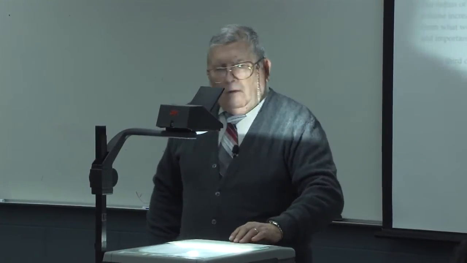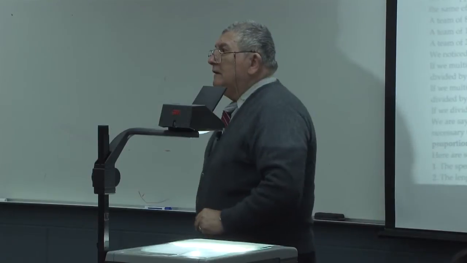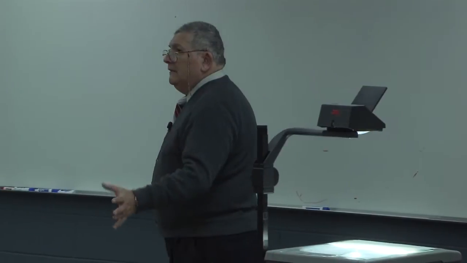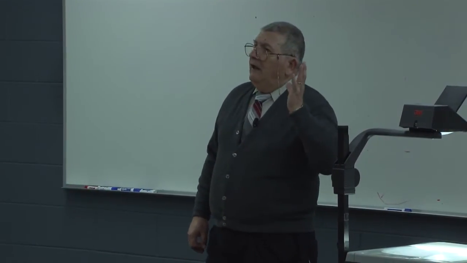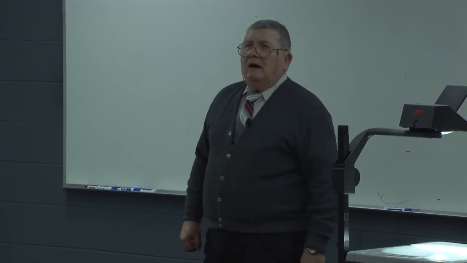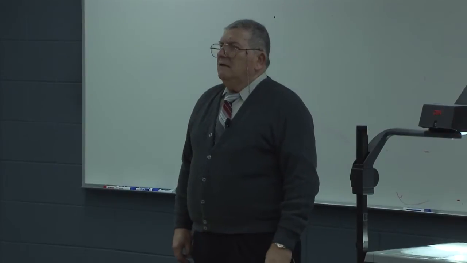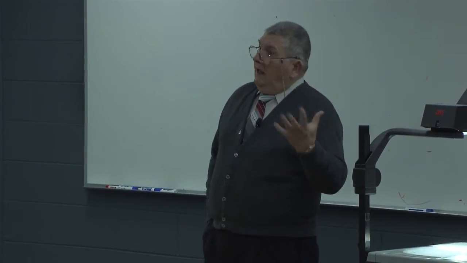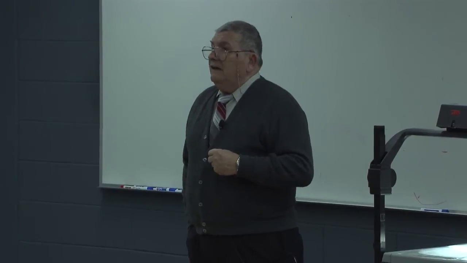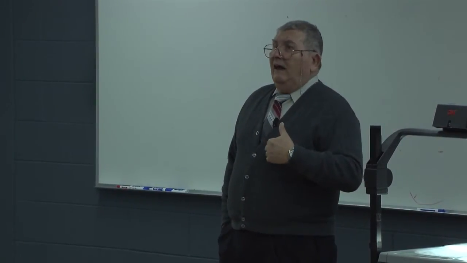And finally, examples of inversely proportional quantities: the speed and the time to cover a given distance. If we go from Kalamazoo to Grand Rapids at 40 miles per hour, we cover this distance in, let's say, an hour. At 80 miles per hour, the time will be cut in half, and so forth.